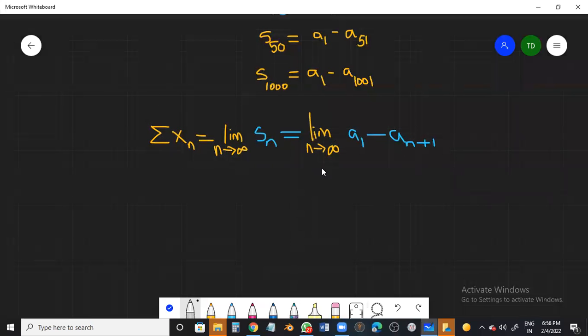Means I can write this as A1 minus the limit as n tends to infinity of An plus 1.